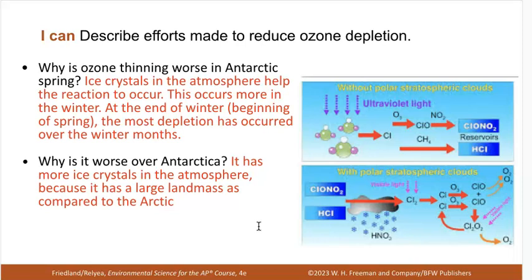So it's the end of their winter, and you have all this time of ice crystals in the winter to break apart ozone. And so most of the depletion occurs in the winter months, and it builds up, builds up, builds up. And so at the beginning of the spring, you're going to have the highest levels of ozone depletion. So the lowest level of ozone, the highest level of depletion.